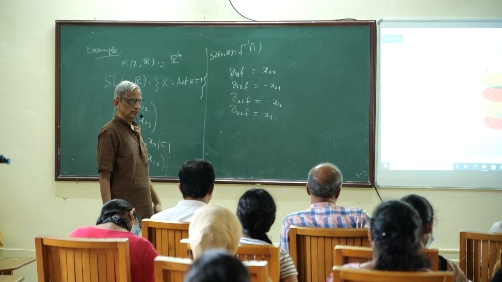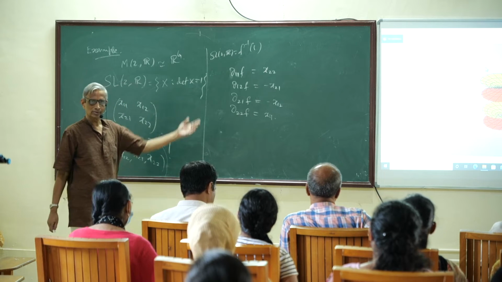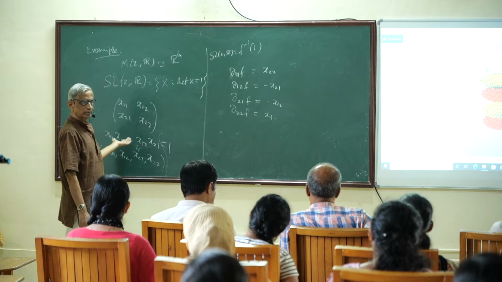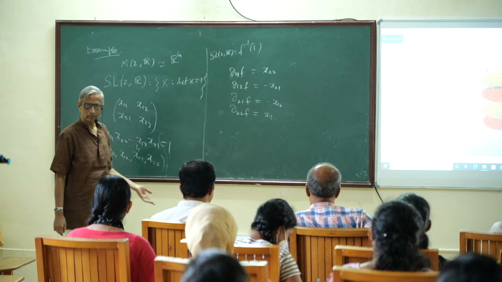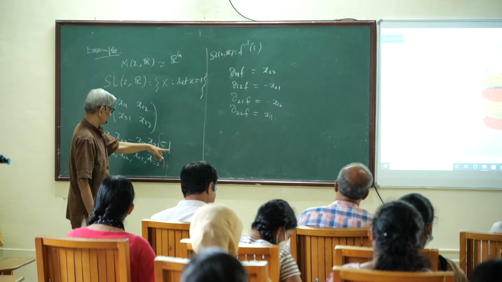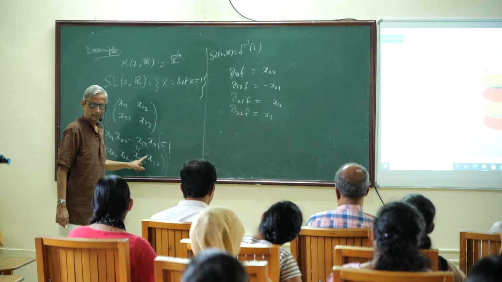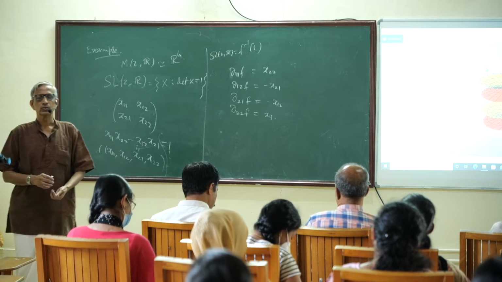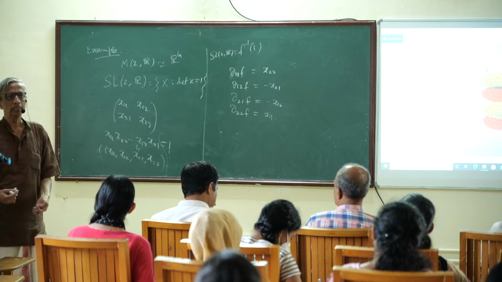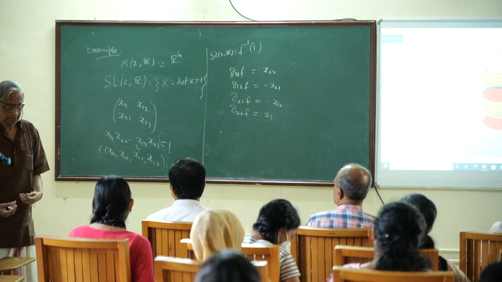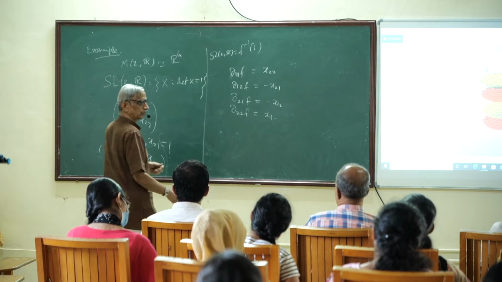If all of them are 0, then what will happen? You get the 0 matrix, 0 in R4. But that cannot satisfy this condition, right? So every point, therefore, is a regular point on SL2.